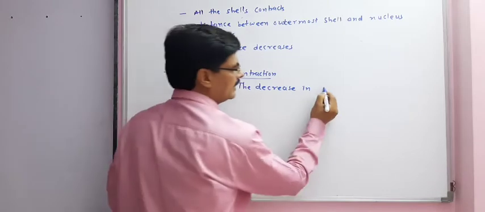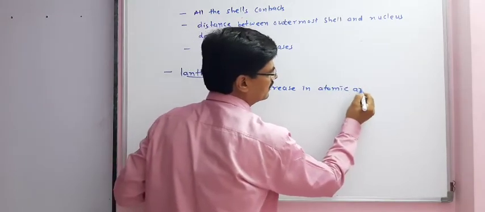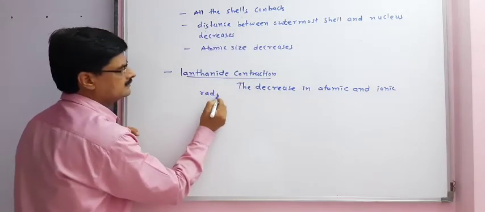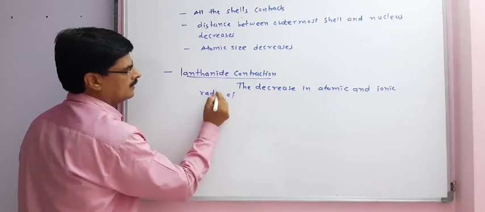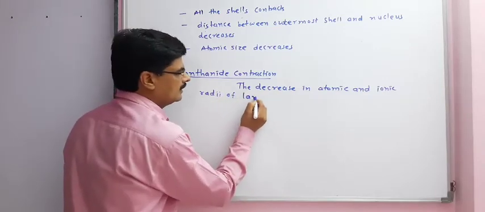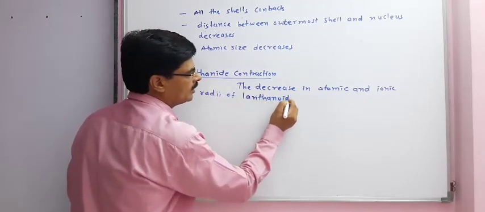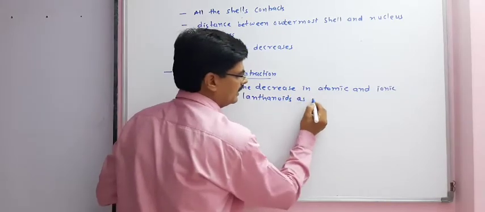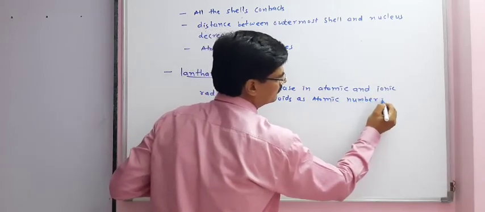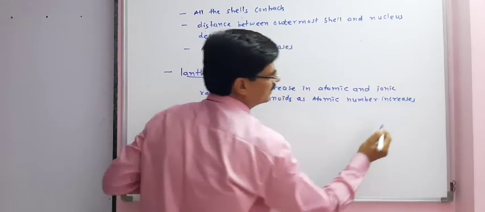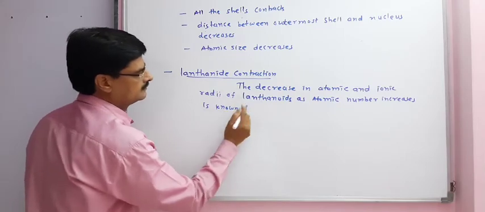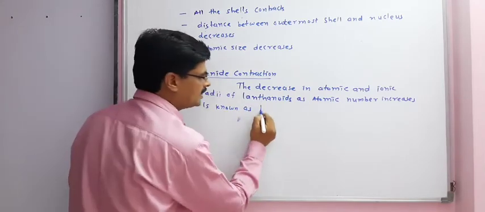The decrease in atomic and ionic radii of lanthanoids as atomic number increases is known as lanthanide contraction.